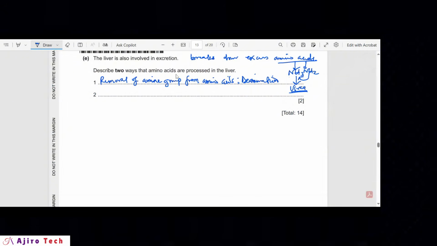There are two ways that amino acids are processed in the liver. The liver can also use the amino acids if they're not in excess. You can say metabolism of amino acids.